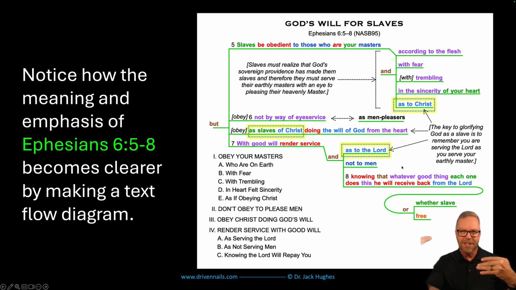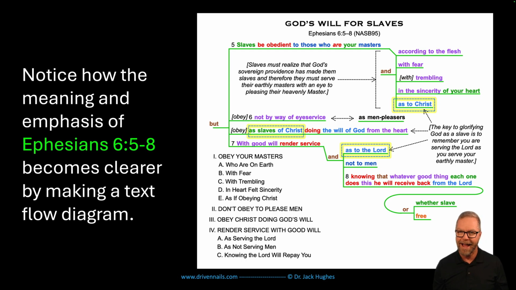Notice how he's contrasting, going back and forth, knowing that whatever good thing each one of you does in obeying in the Lord as a good slave, this he will receive back from the Lord. You're going to be rewarded, whether slave or free. So it applies to everybody, not just slaves.